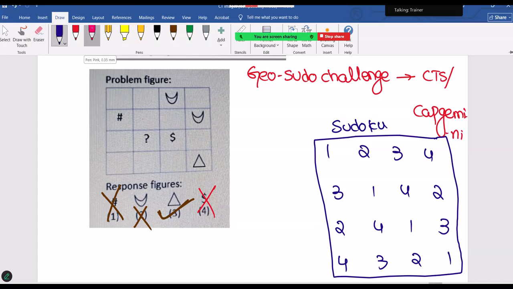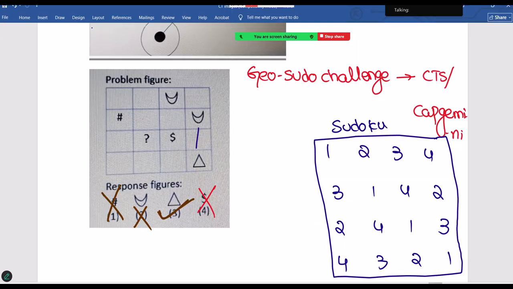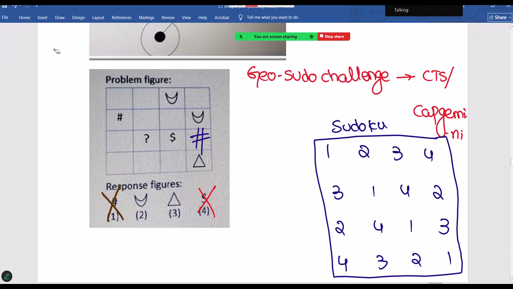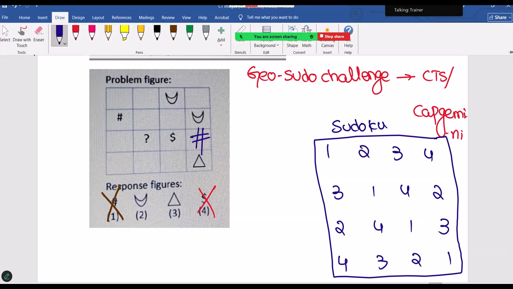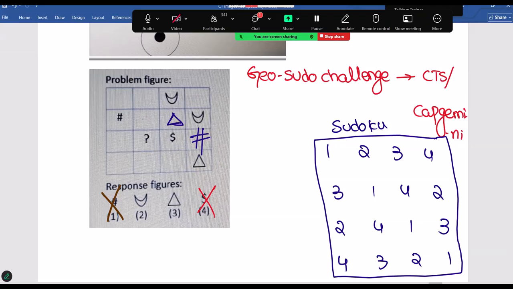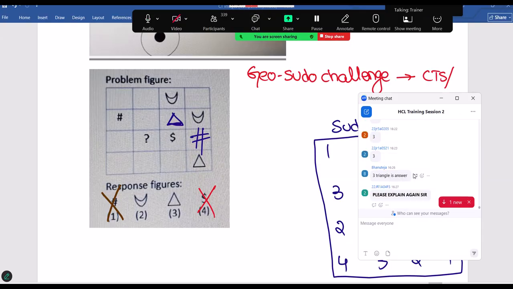First we'll fill here because you know dollar, half moon, triangle. This must be hash. With that we have two options eliminated. Dollar and hash are eliminated. Now our idea is, is it triangle or half moon? One, two, three different slots. This is triangle. I want it in two steps, not many.